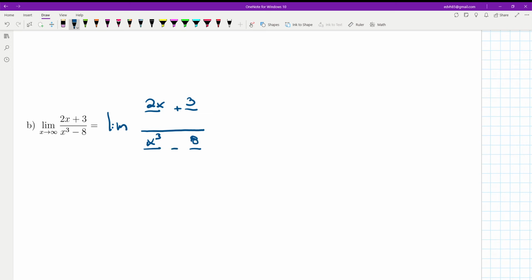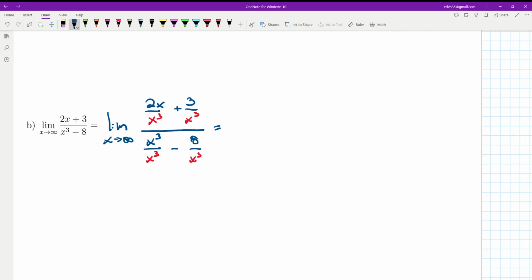Divide by x cubed, x cubed, x cubed, x cubed, as x approaches infinity.